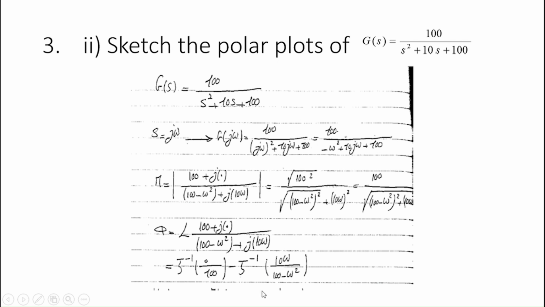You can again tabulate the results using the function for the magnitude and the function for the phase, to determine the phase as well. Again, tangent inverse of 0 is 0, so you can just use minus tangent inverse of 10 omega over 100 minus omega squared.